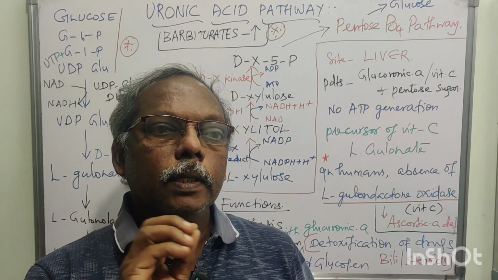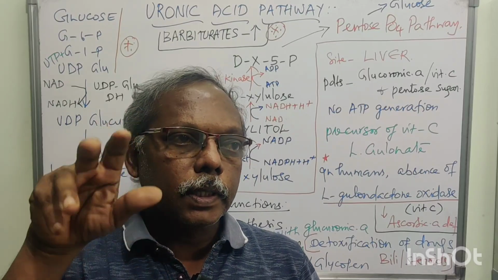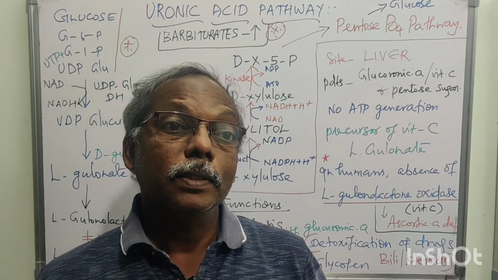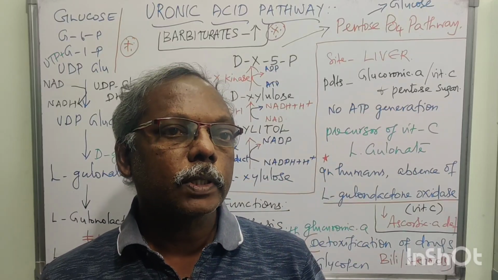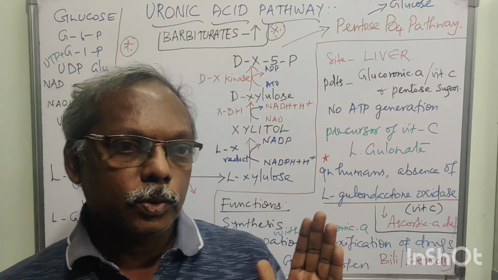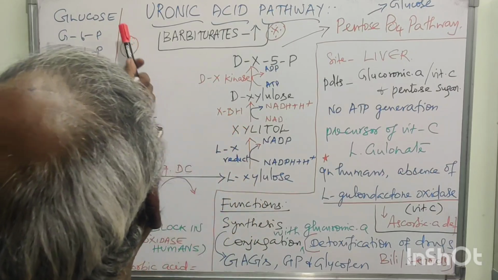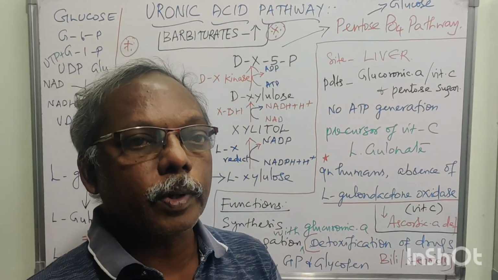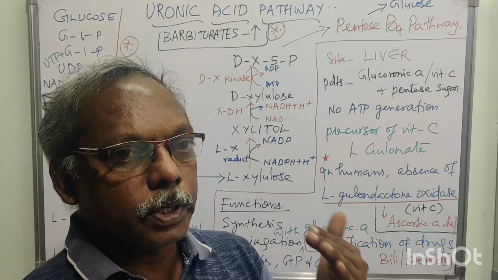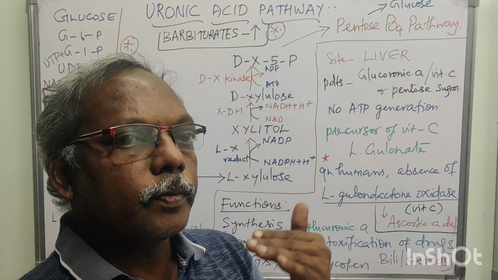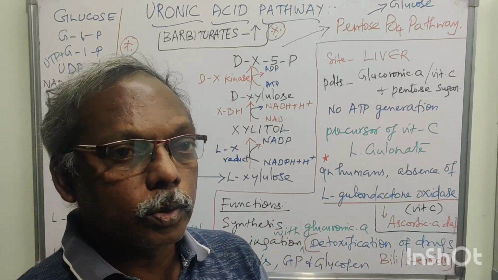Mostly they are not asking to draw the pathway of uronic acid, but we should know 2-3 points about the metabolism also. The first point: the initial product is glucose, which is converted into glucose 6-phosphate, then glucose 1-phosphate, finally UDP glucose formation.